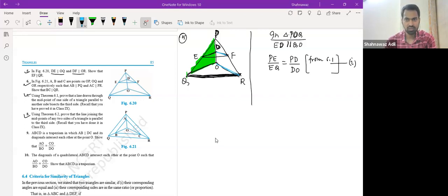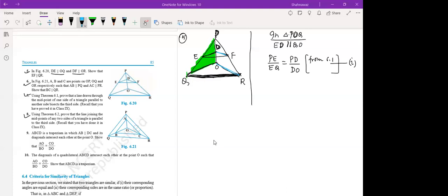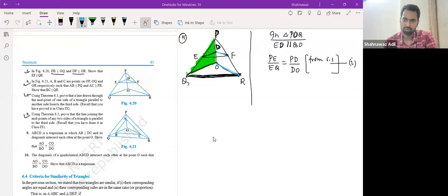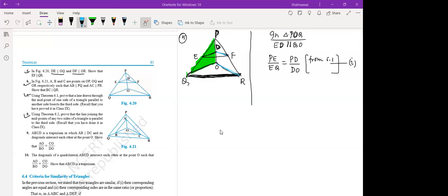Did anyone else hear what Hashid said? Your voice broke in the middle, so we couldn't hear you. Sir, POR is the triangle.